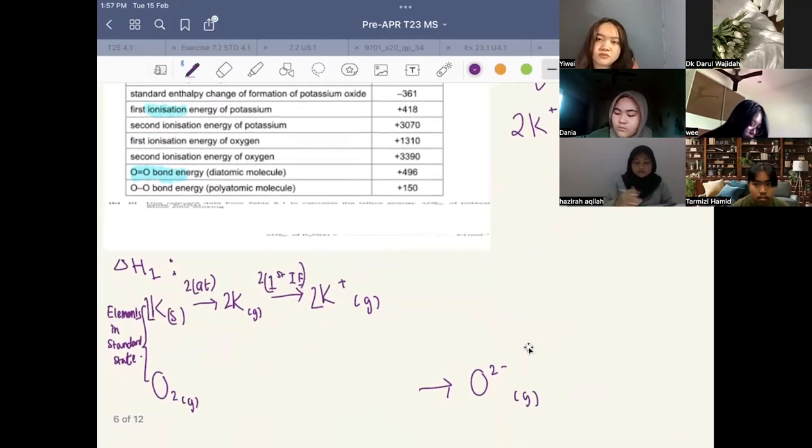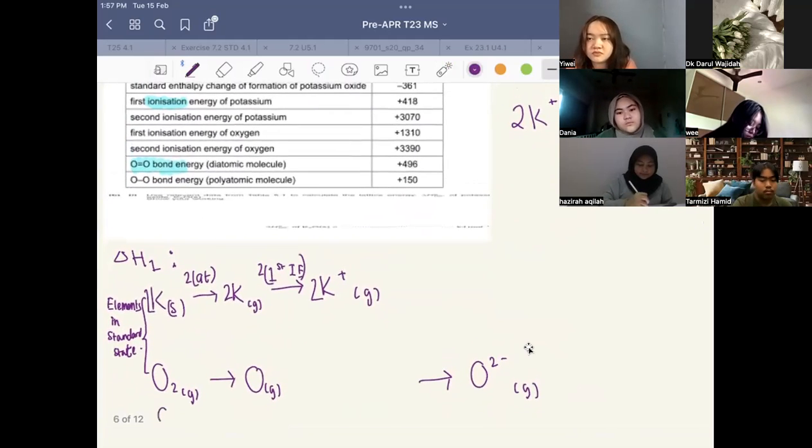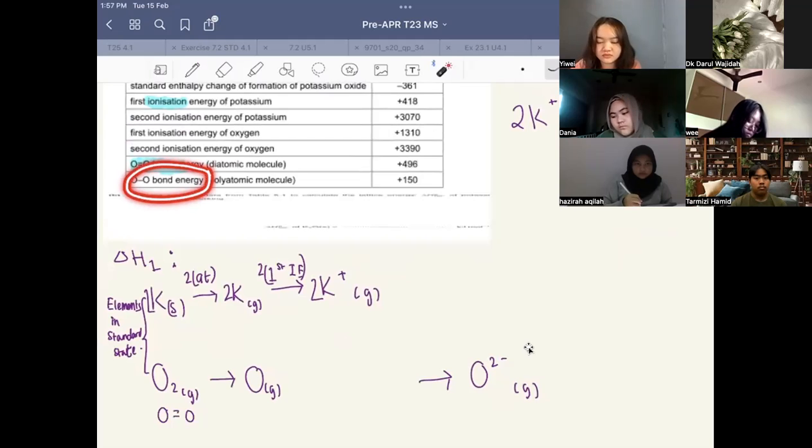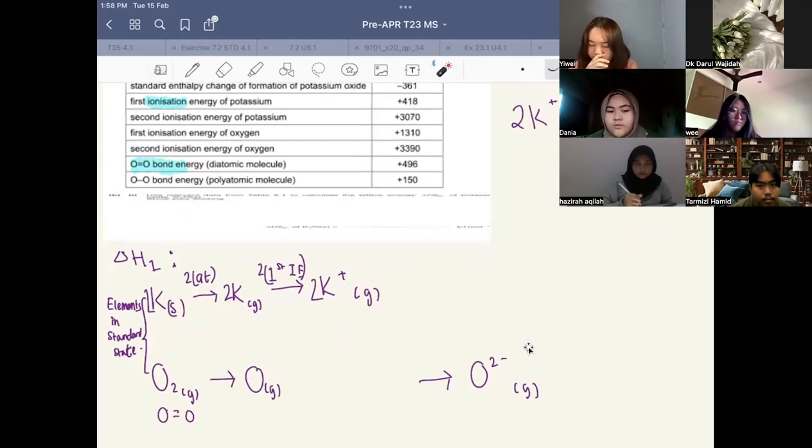Next is the oxygen. O2, you want to break it into a single oxygen atom. And if you draw out oxygen, it contains a double bond. You see here, you are given bond energy O double bond O and O single bond O. The correct one is to choose the double bond because oxygen molecule contains the double bond.